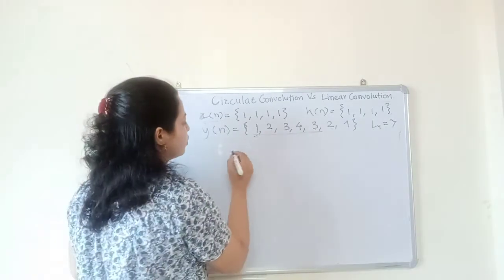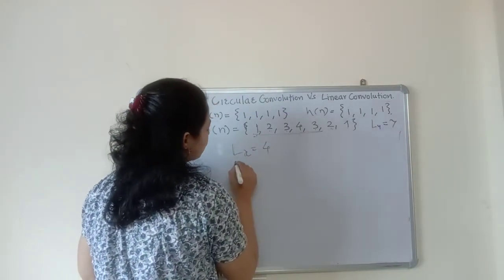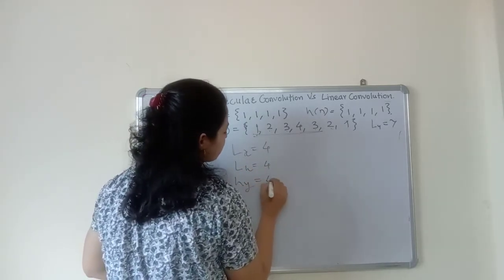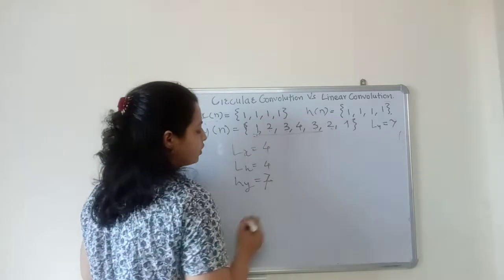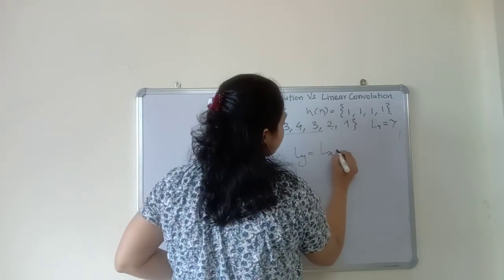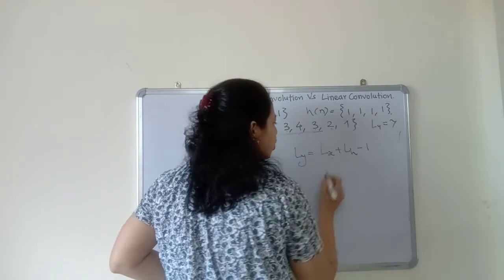Okay. But how many zeros? We have a sequence Lx of length 4, Lh is equal to length 4, and Ly was coming out to be 7. Okay. So Ly has the formula Lx plus Lh minus 1. So suppose it is a longer sequence.